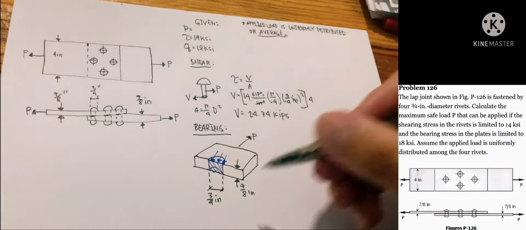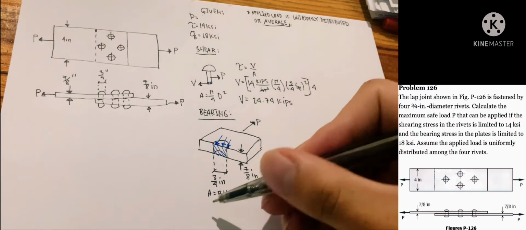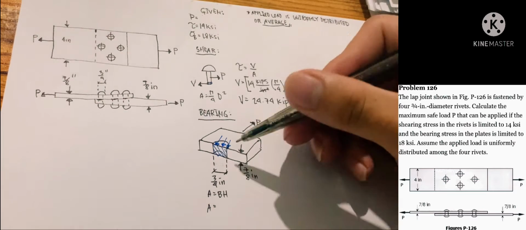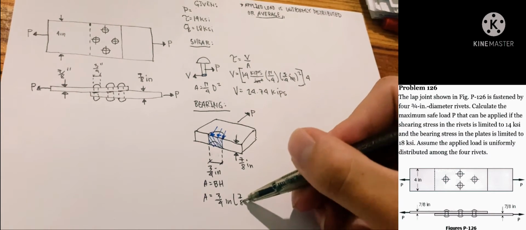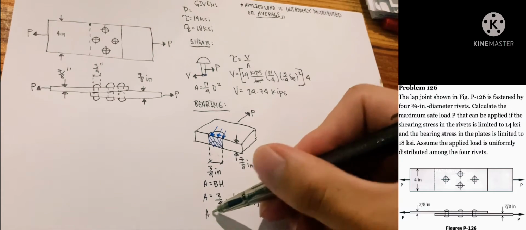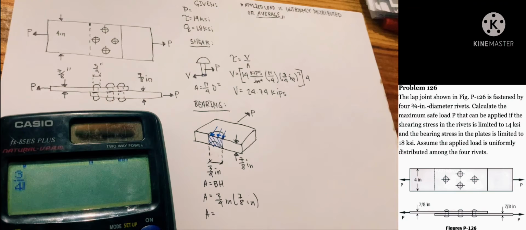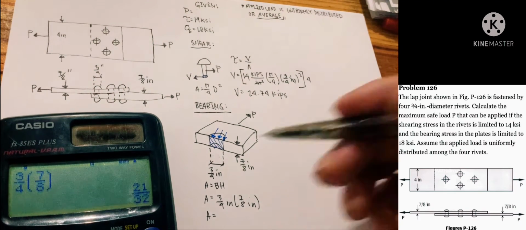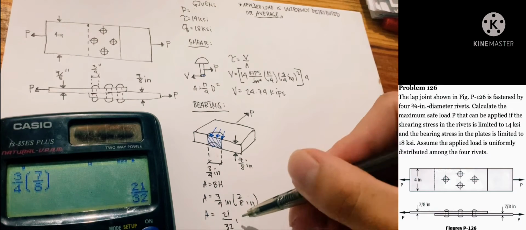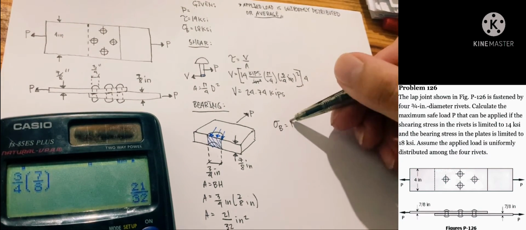Our thickness is 7/8 and our diameter is 3/4. So our blue area is simply a rectangle. You can just multiply it: 7/8 times 3/4 is 21/32 inches squared.